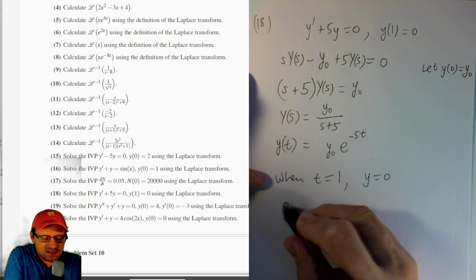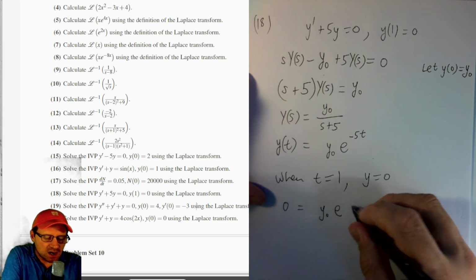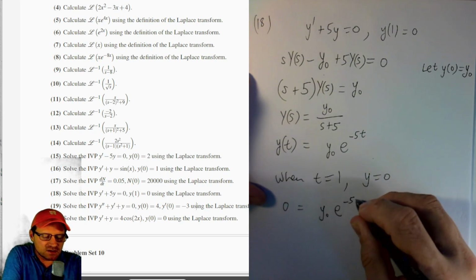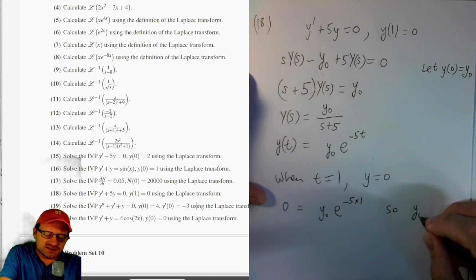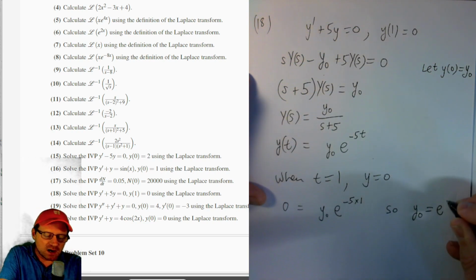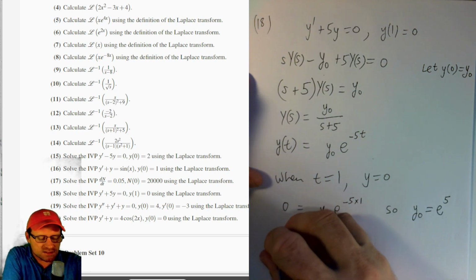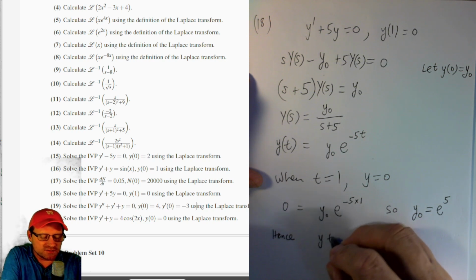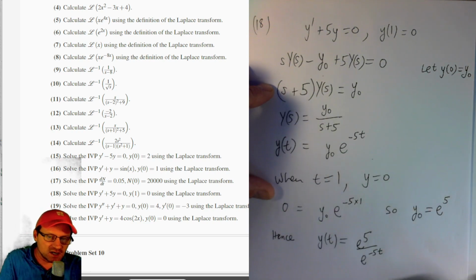So then that says 0 is equal to y subscript 0 e to the power of minus 5 times 1. So we see then that y0 is e to the power of 5. And hence, y as a function of t is e to the 5 times e to the minus 5t.